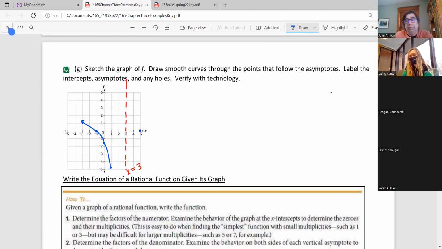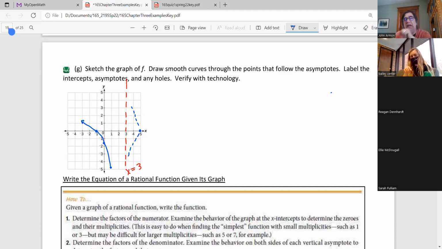This one, it's really one of two things. It's either going to be approaching it in this direction or in this direction. I suppose you can flip a coin. I suppose you put it on your calculator.